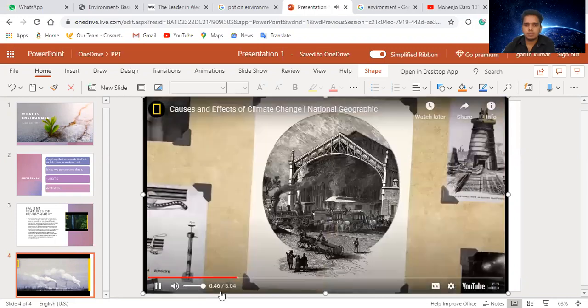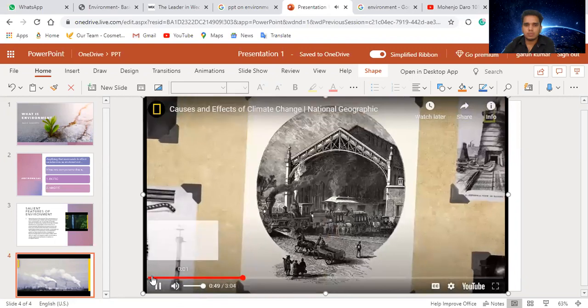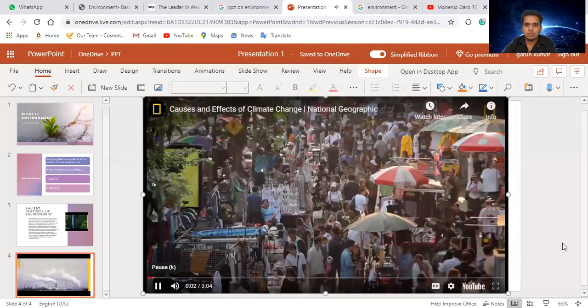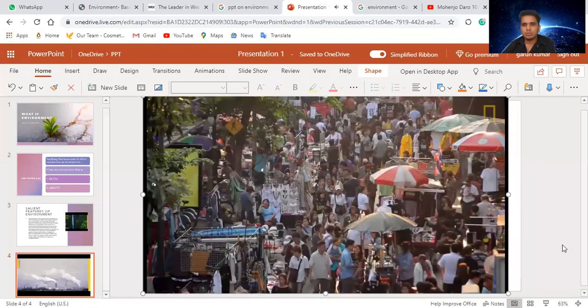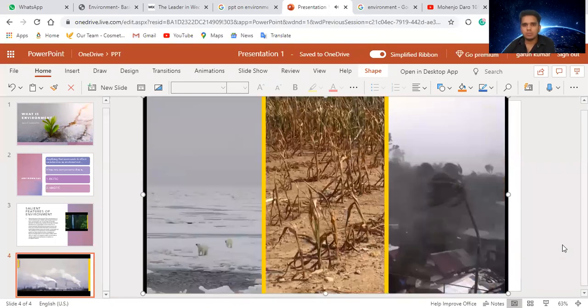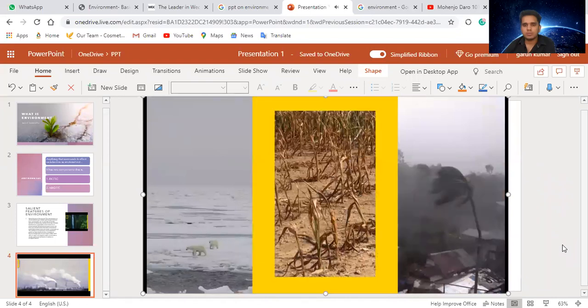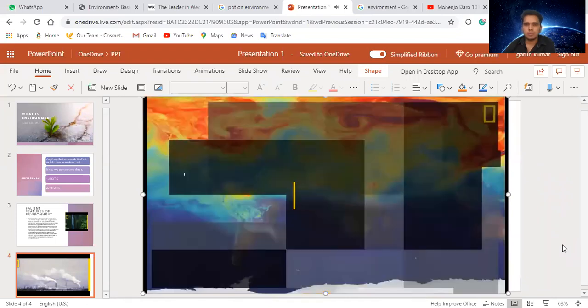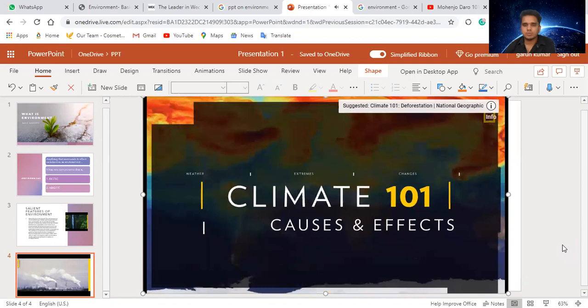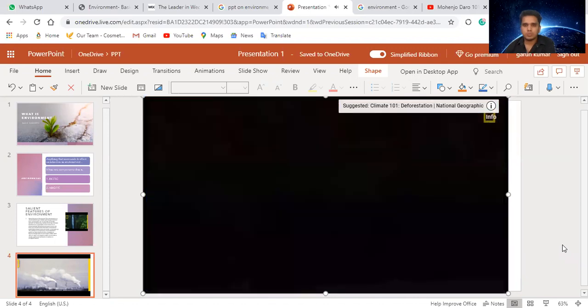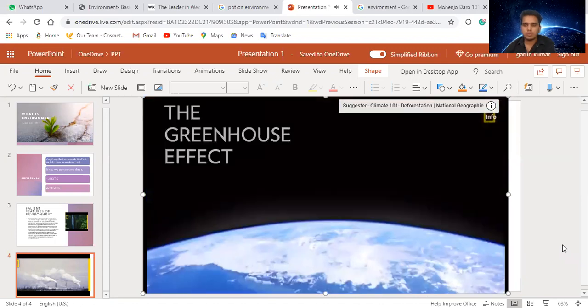CO2 in the atmosphere by more than a third. Pollution to overpopulation are driving up the Earth's temperature and fundamentally changing the world around us. The main cause is a phenomenon known as the greenhouse effect.